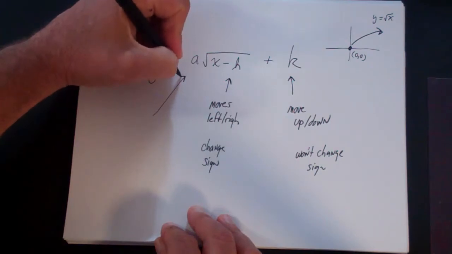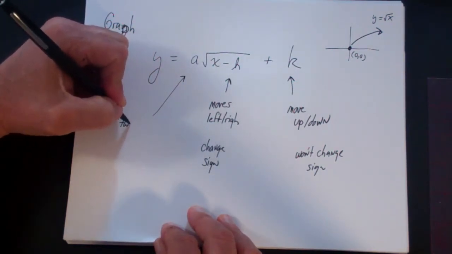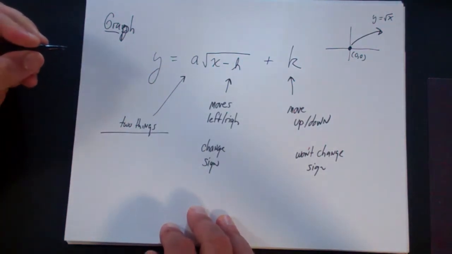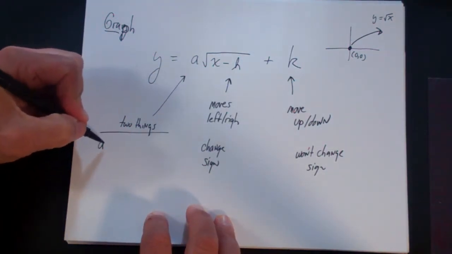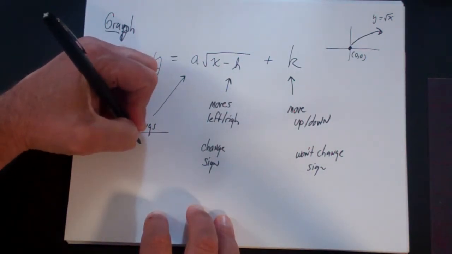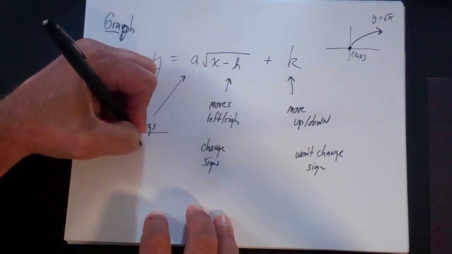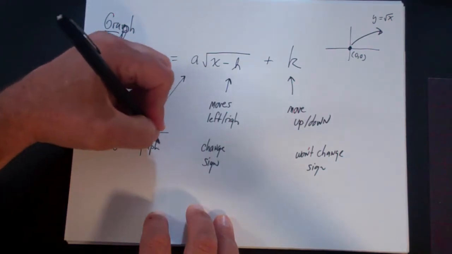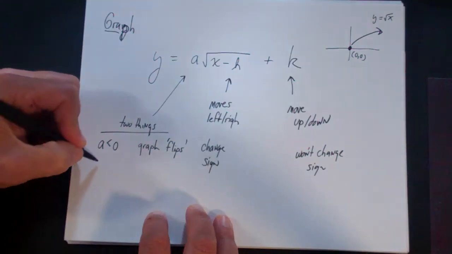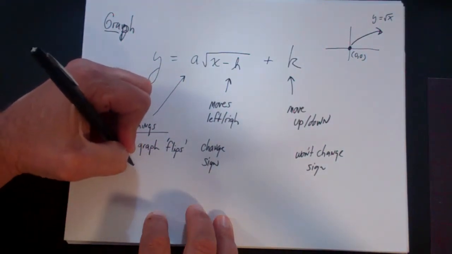The a is actually going to do two things. The two things that a does is, first, if a is negative, then the graph will flip. And if a is positive, it doesn't flip.